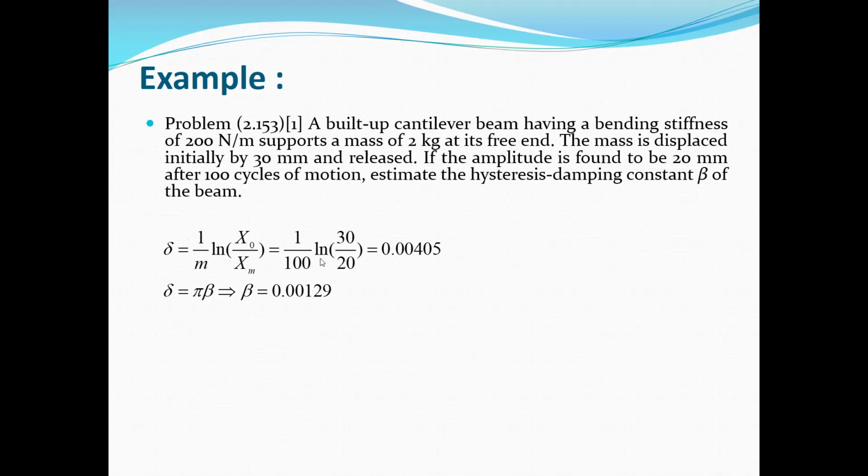And it is equal to this because in 100 cycles, the amplitude from the initial amplitude of 30 millimeter is now 20 millimeter after 100 cycles. So delta can be calculated, and now we can find beta, which is delta divided by pi.